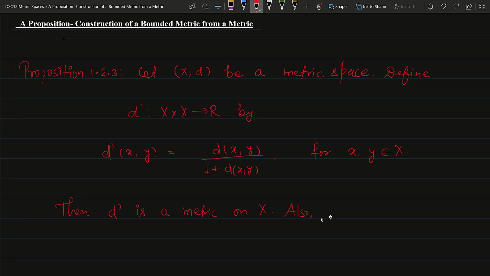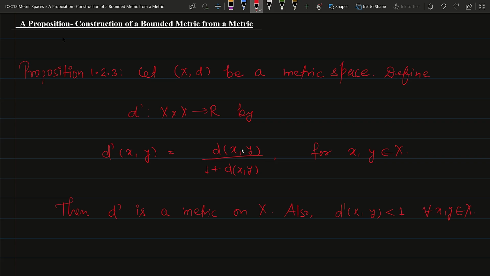also the value of d prime of x comma y is always strictly less than 1 for all x and y belonging to X. The word bounded is now clear, because d is a metric, so d of x comma y will always be greater than or equal to 0, and hence something over 1 plus something is always strictly less than 1.